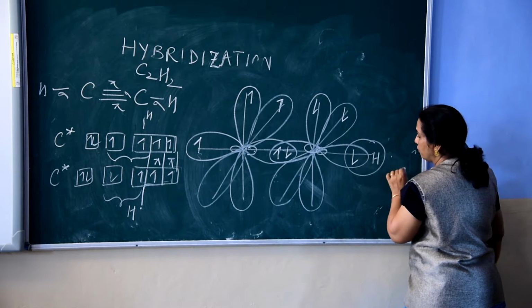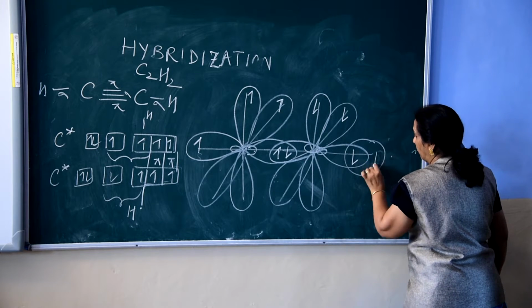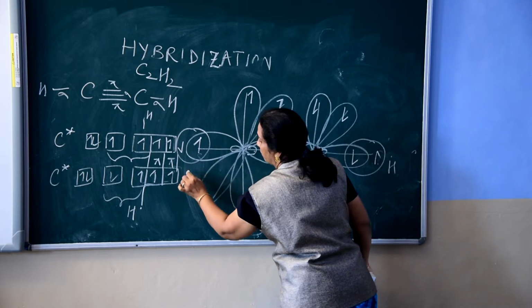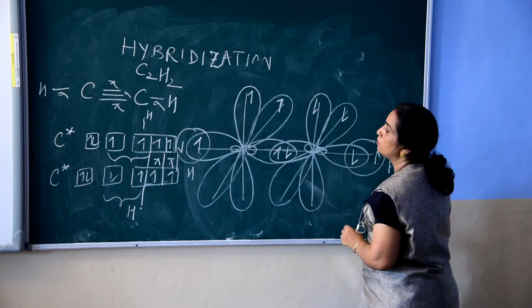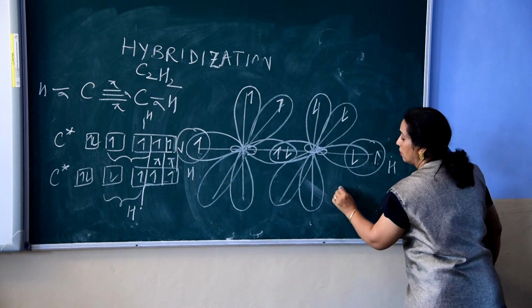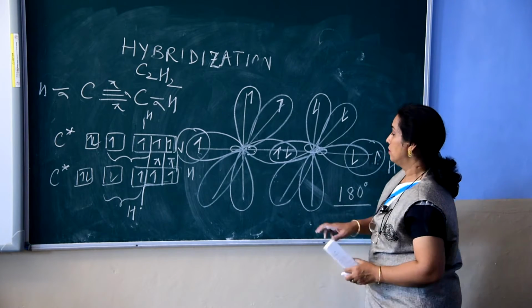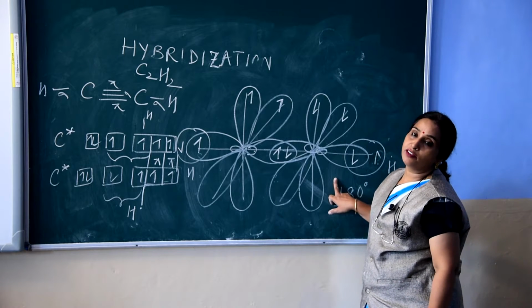One hydrogen on either side, thus forming C triple bond C. A 180 degree linear geometry is observed in these.